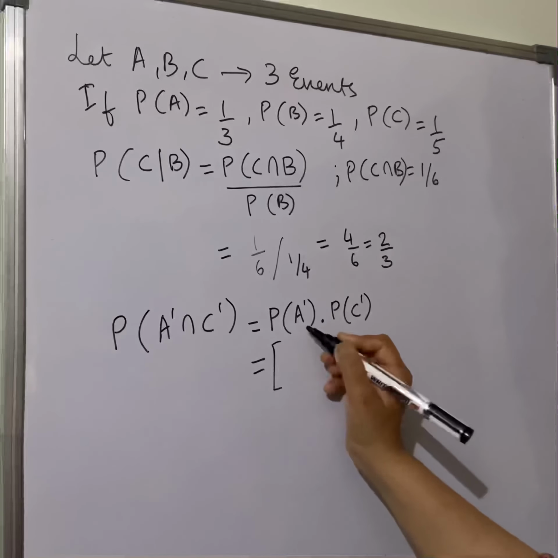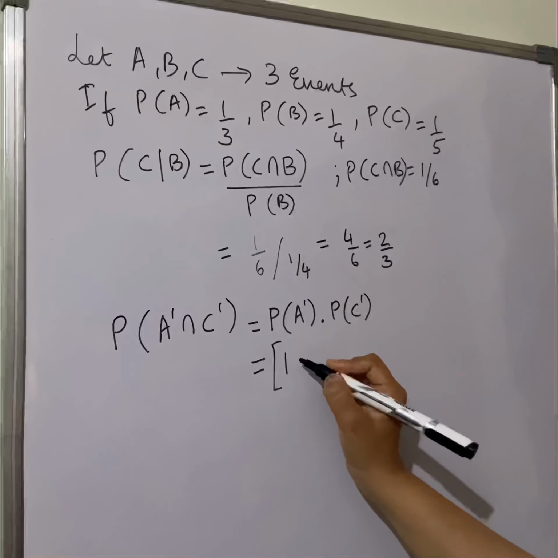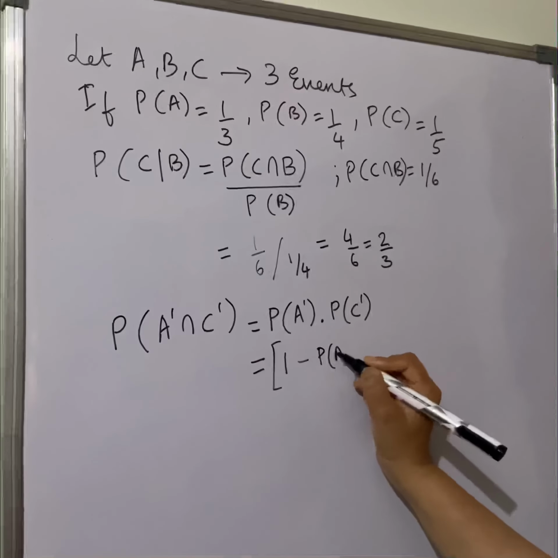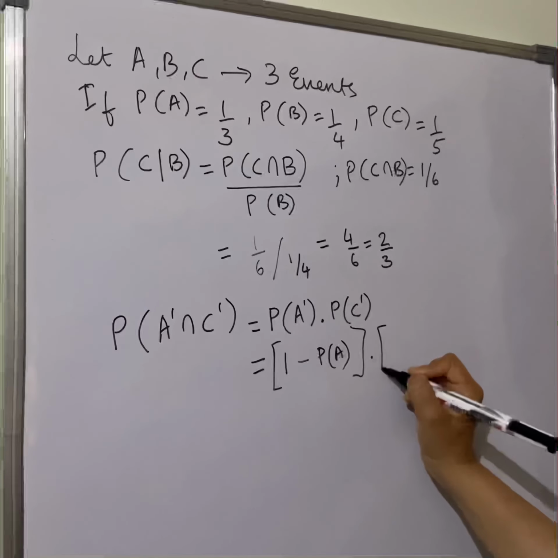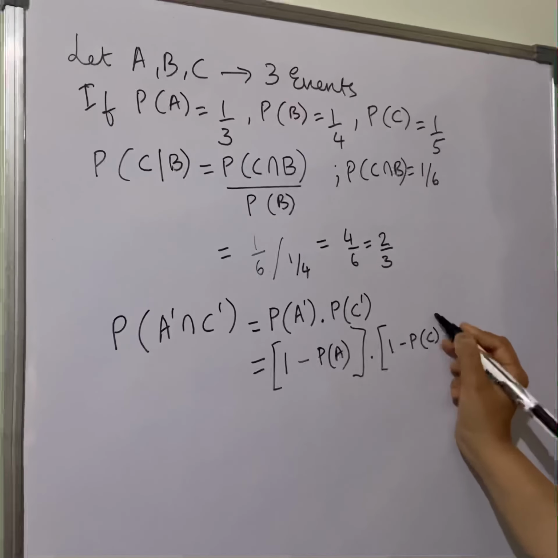We can find this value by subtracting probability of A from 1 into 1 minus probability of C.